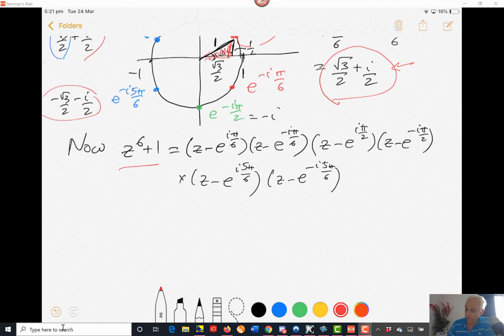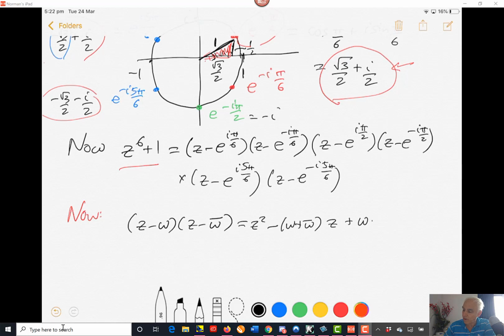The reason for that is because of this relation right here. If we take z minus w times z minus w bar, where w is some arbitrary complex number, this is z squared minus w plus w bar times z plus w times w bar. And that can be re-expressed as z squared minus, well, w plus w bar is twice the real part of w, so that's the coefficient of z, minus 2 times the real part of w times z.